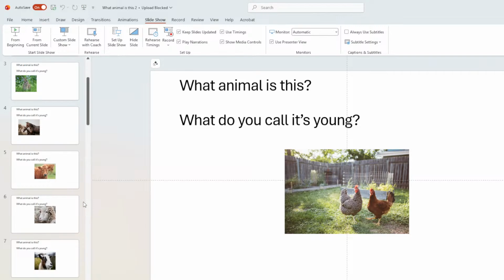All right, so obviously that is a hen. So we have two hens there. It's a hen. Okay.